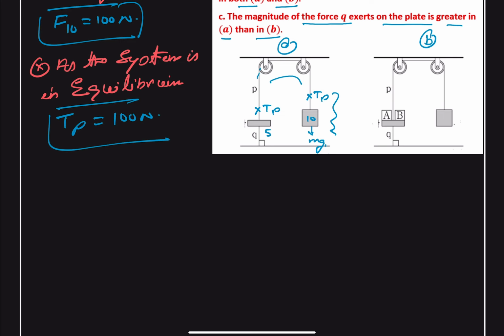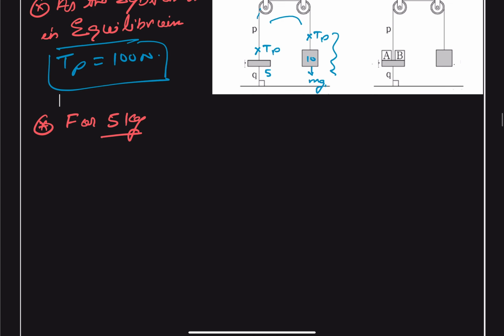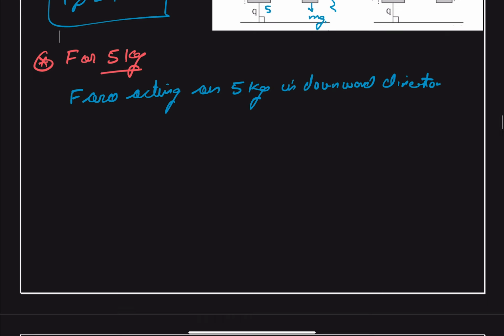Now let's make the analysis for 5 kg. The force acting on the 5 kg in the downward direction, let me draw here, this is our block of 5 kg.